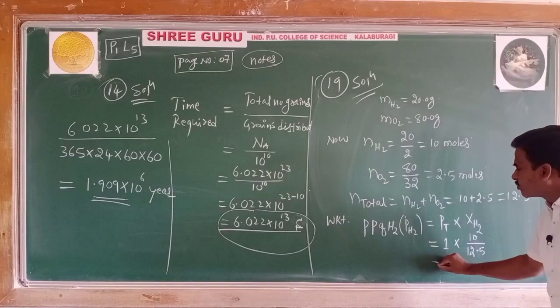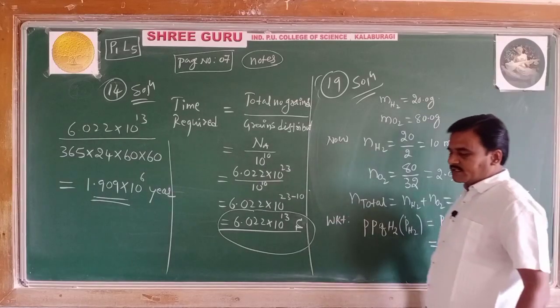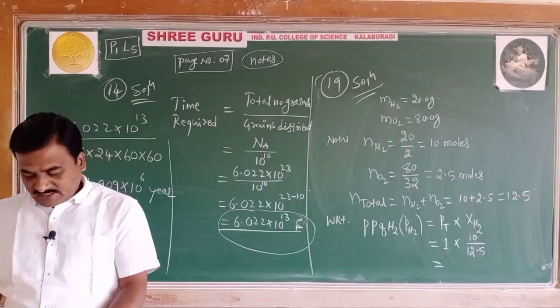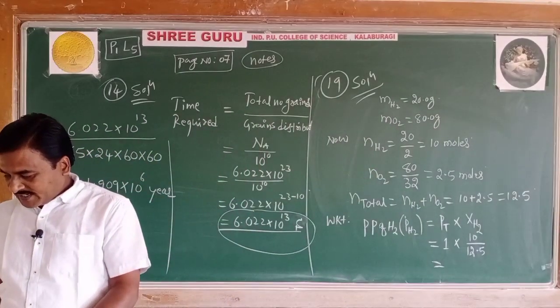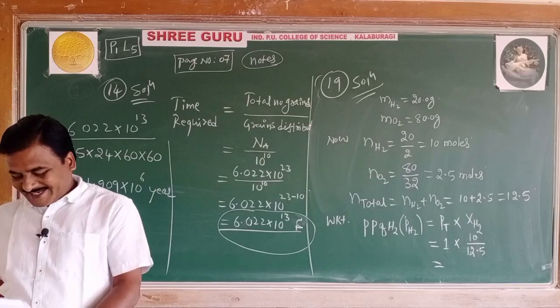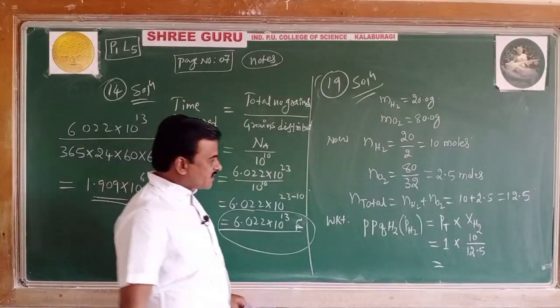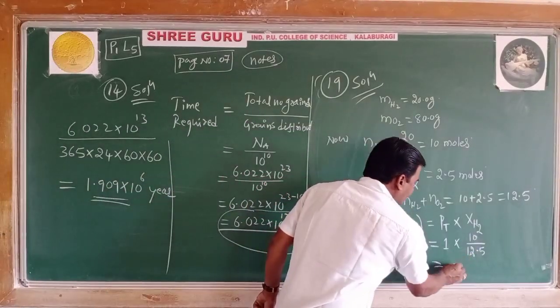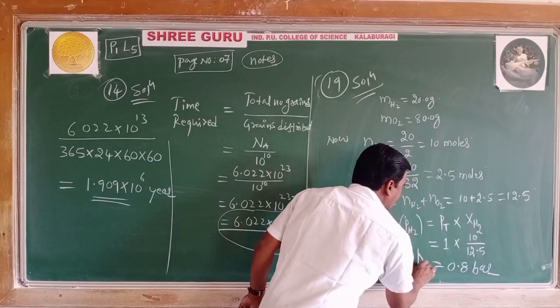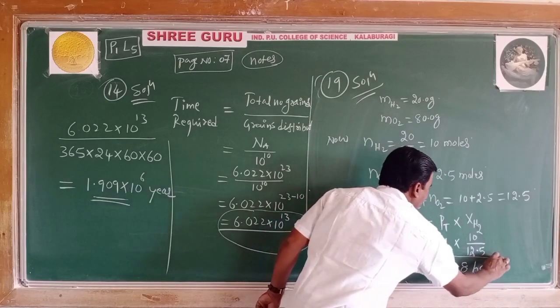So the mole fraction is 0.8. On solving this, you get 0.8 bar as the partial pressure of hydrogen.